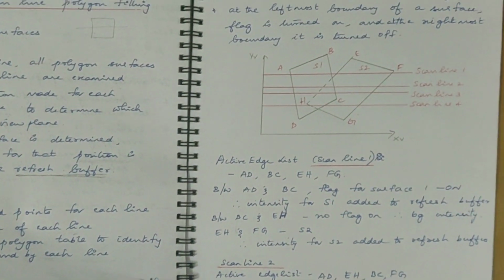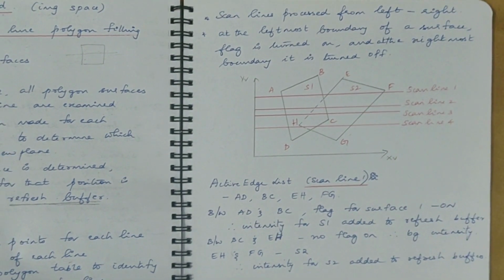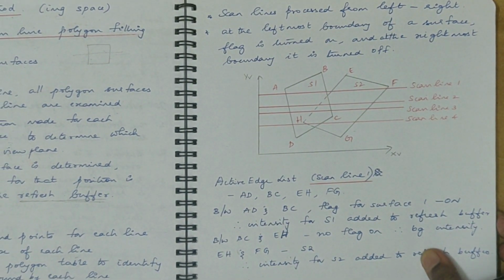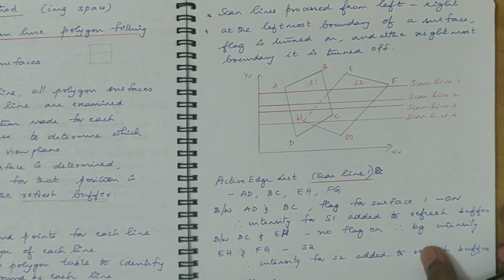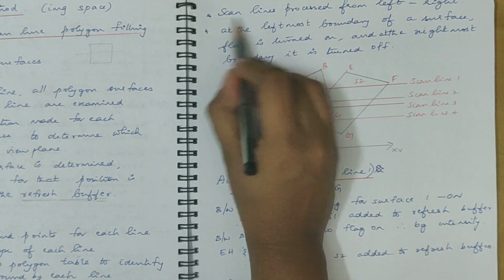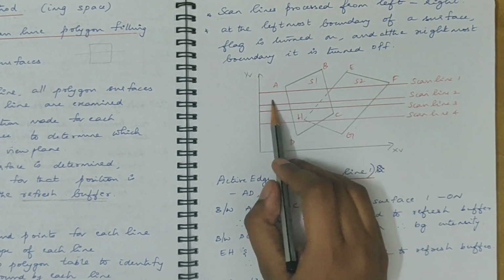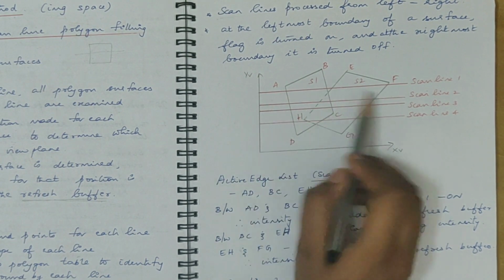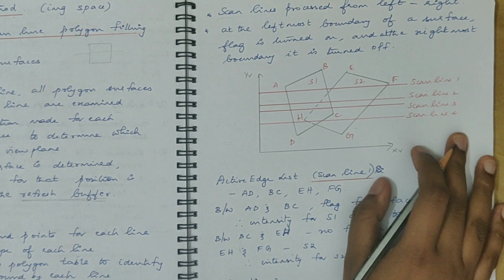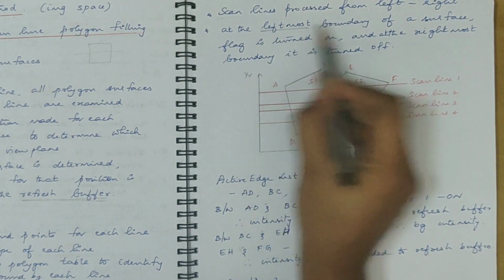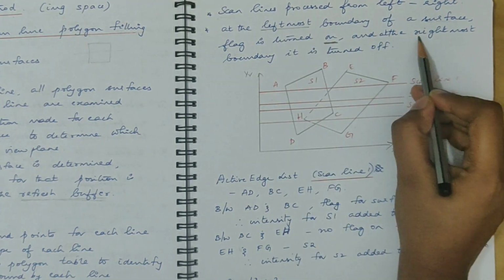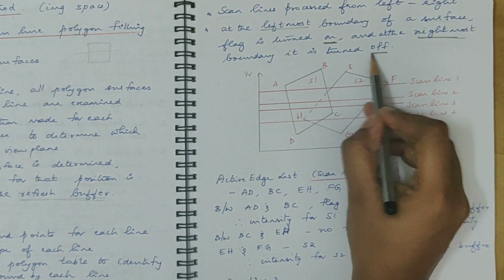So now let us see one example. In this example we will try to work out how the scan line algorithm works. Here we have to understand that each scan line is processed from left to right. At the leftmost boundary of a surface, the flag variable is turned on, and at the rightmost boundary, the flag variable will be turned off.